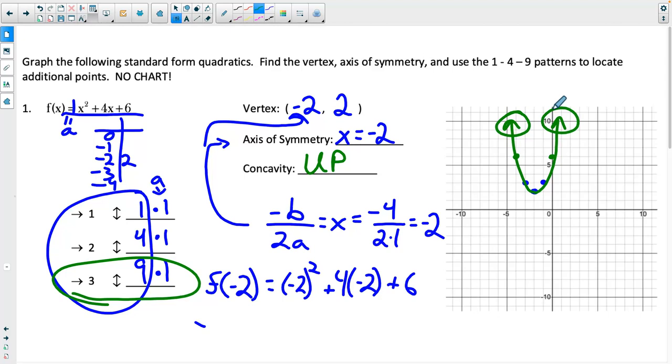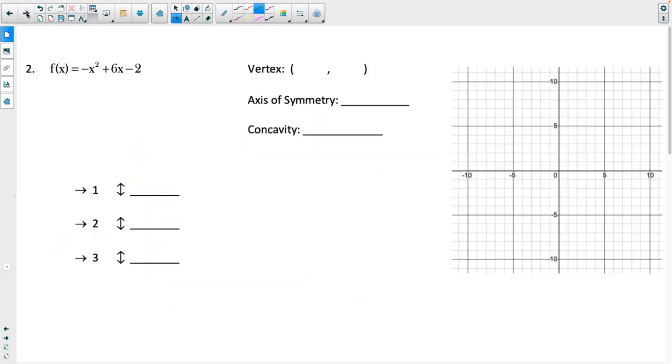Let's slide to the next one. You find the vertex for me. You've been doing that for a few days now, so you don't need me to help. I will put our formula right there, though, and I'll give you a head start.